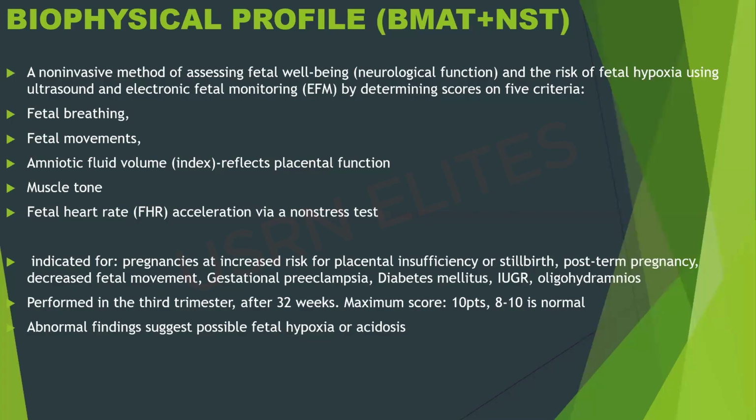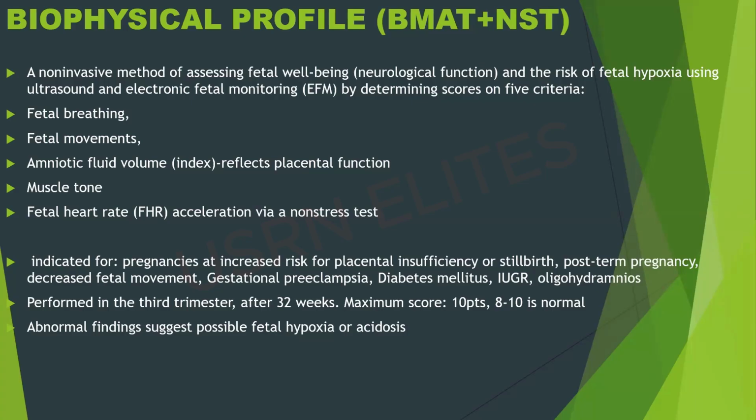All the indications that we've talked about, gestational preeclampsia, diabetes, hypertension, post-term, can all have effects on the fetus, which can develop hypoxia if it is not getting enough oxygen, because the fetus depends on oxygen for its growth.